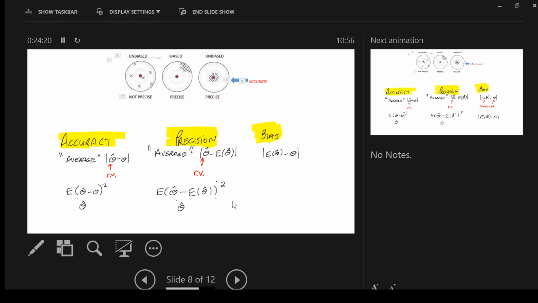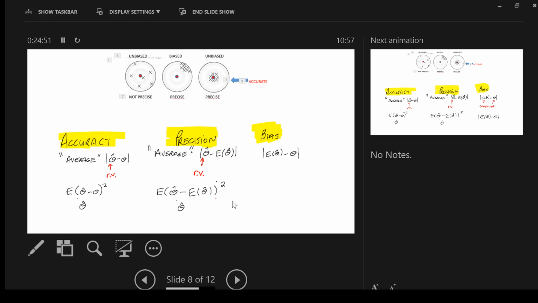How much do the theta hats vary from their own mean? And you want the average one. What does average mean? What do you expect it to be? What's the expected value? Okay? So this here is a random variable. What is this? E of theta hat is a constant. E of x is a constant if x is a variable. And that's very important to understand in this course because people get mixed up. And they start saying E of a constant.